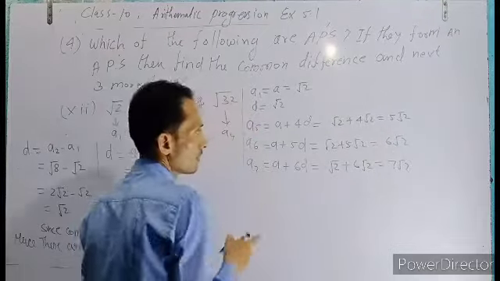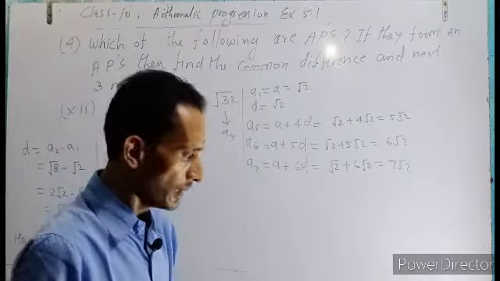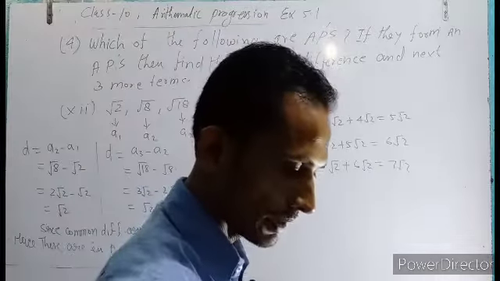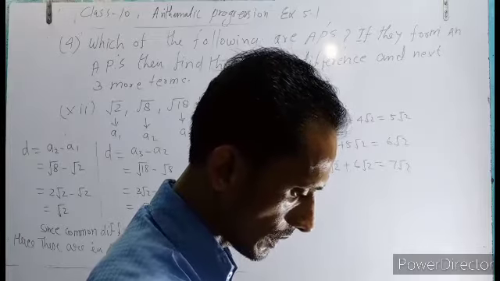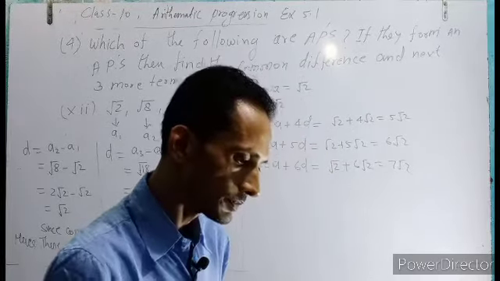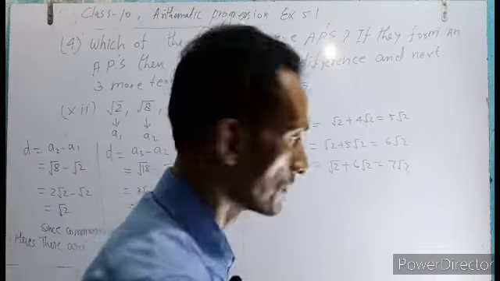The 3 more terms will be 5 root 2, 6 root 2 and 7 root 2. In this way we can do, and you have to do all the remaining questions in this part. I am doing the last one also.